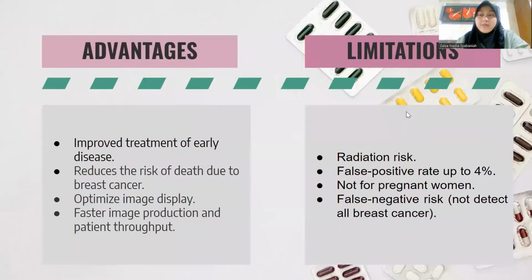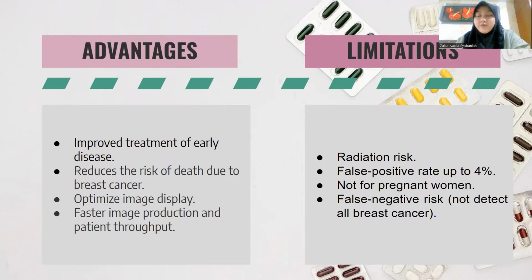So mammography also, of course, has advantages and limitations. So the advantages: improved treatment of early disease, then reduced risk of death due to breast cancers, and then optimized image display and faster image production and patient throughput.